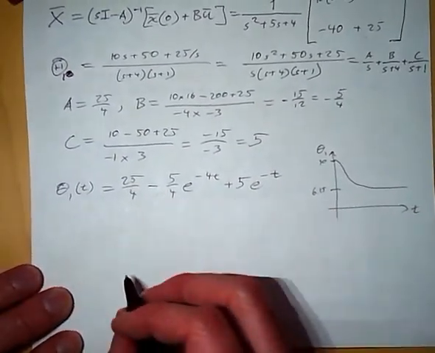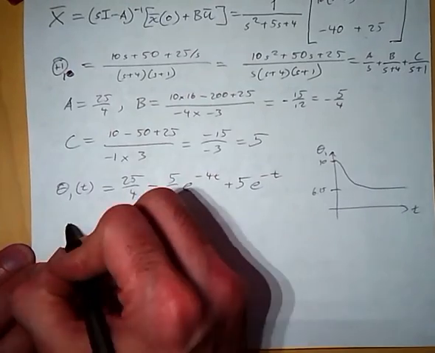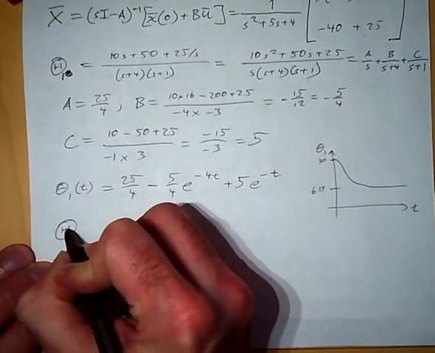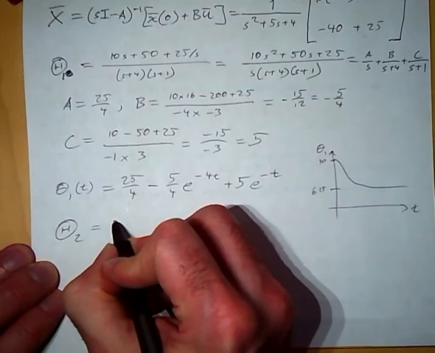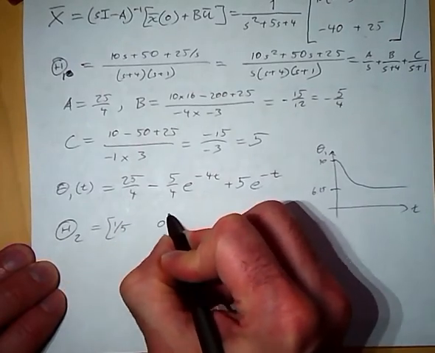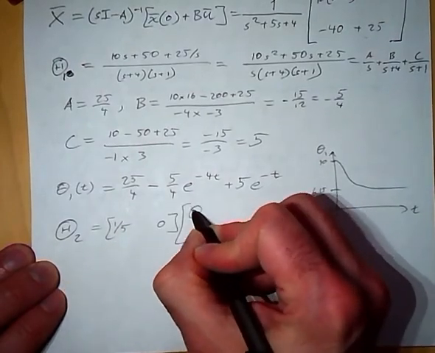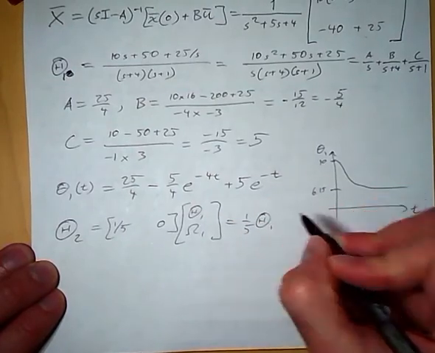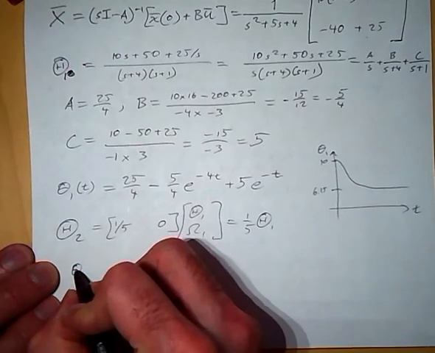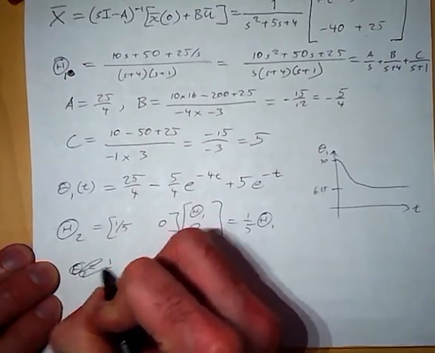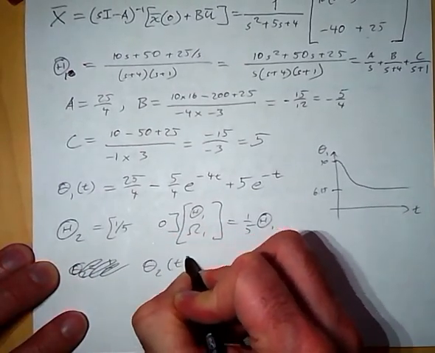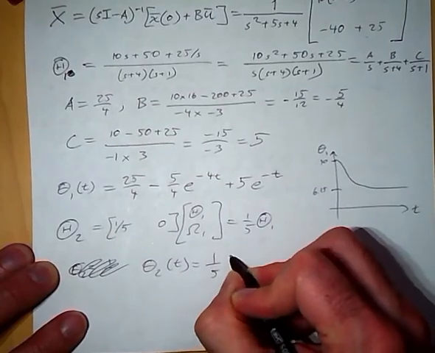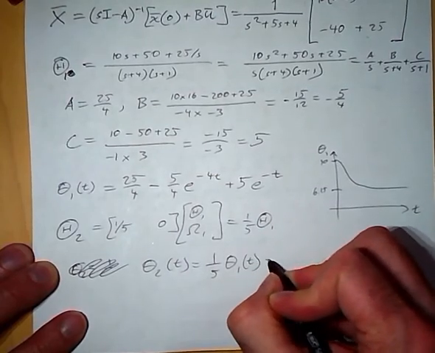And now our output, theta 2, we can use the Laplace transform of the output equation. So theta 2 is 1/5 times [theta 1, omega 1], which is 1/5 times the Laplace transform of theta 1. So theta 2 as a function of time is 1/5 theta 1 as a function of time.